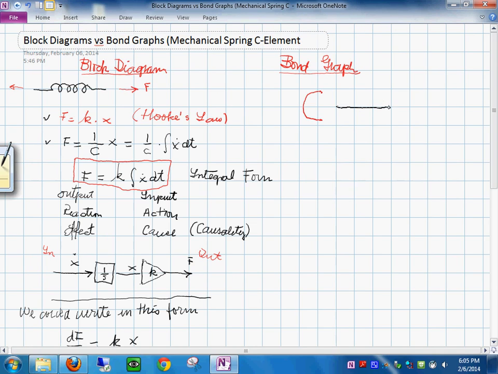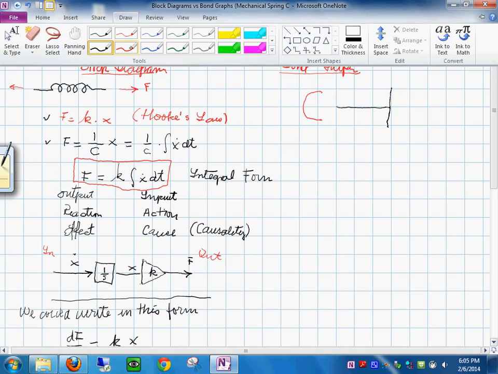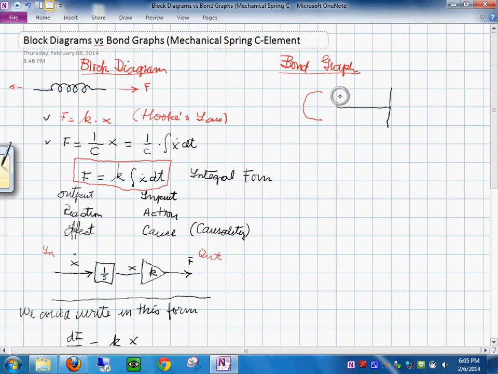This symbol has a horizontal line, or it could also be a vertical line if it is positioned 90 degrees. And then it has a crossbar like this. What this means is that this one right here is the input to the element. This is the output of the element.